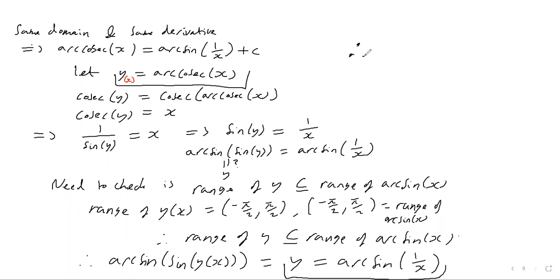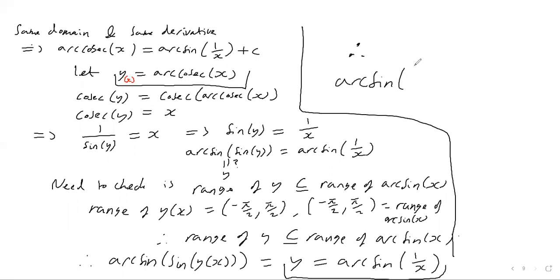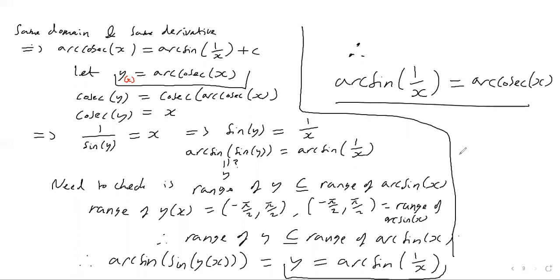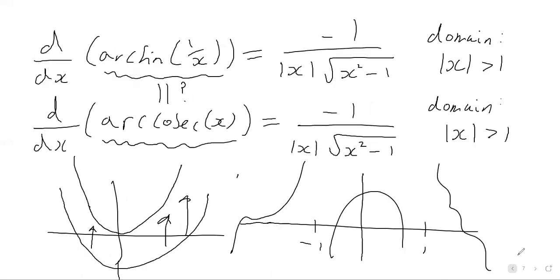So therefore, we can just conclude from this that arcsine of 1 over x is equal to arc cosec of x, like that. So they are indeed the same function. So obviously they are going to have the same derivative. And of course, they're defined on the same domain too, as we showed over here.